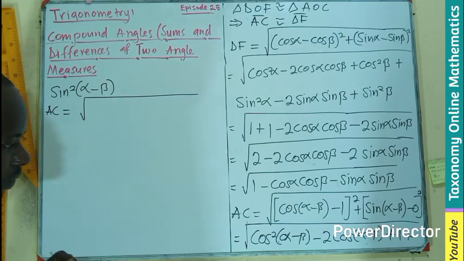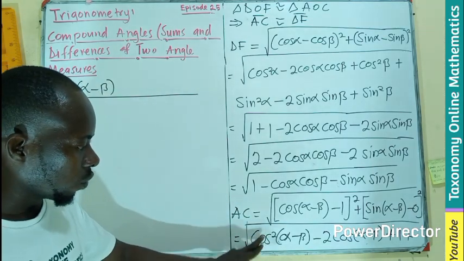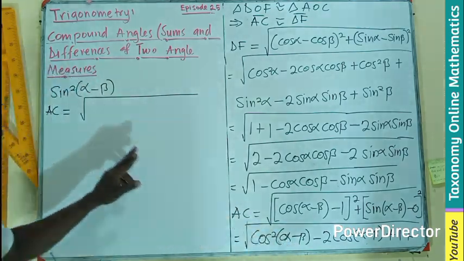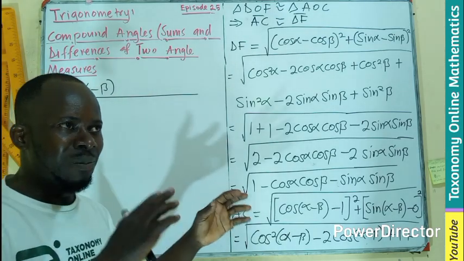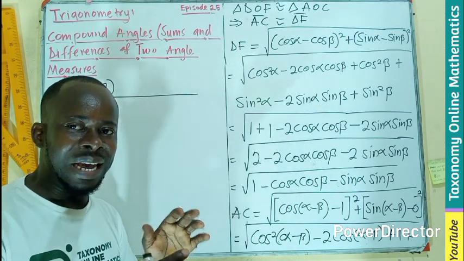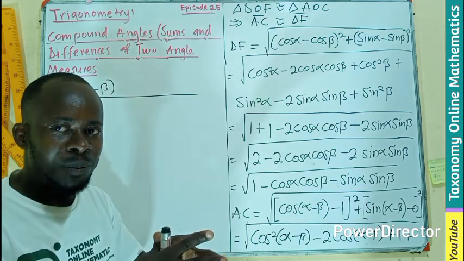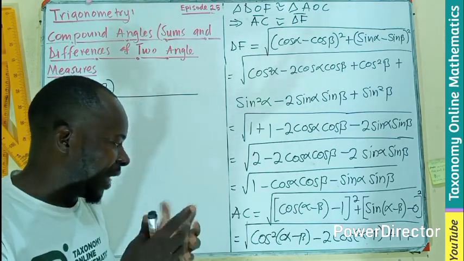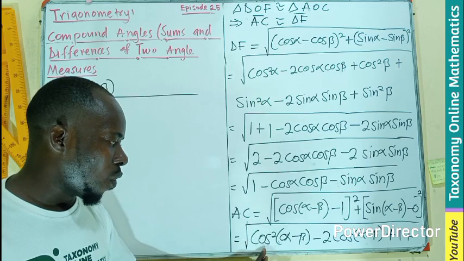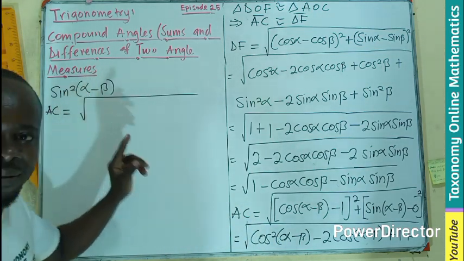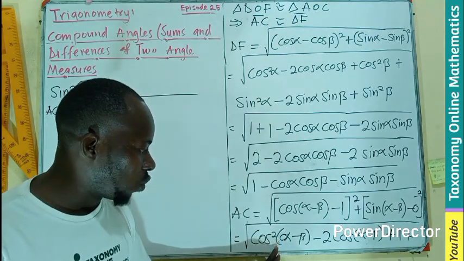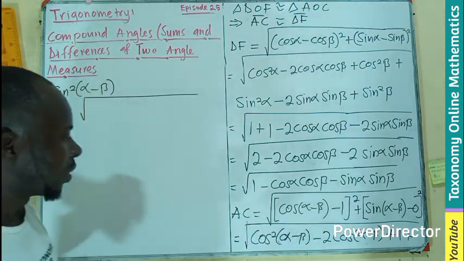So our AC will be in the root. Where are we going? Look at this. This is cos square alpha minus beta plus sine square alpha minus beta. And it doesn't matter whether we are having alpha minus beta, it is still an angle that they are carrying. Let's say we are saying this is theta, cos square theta plus sine square theta will give us 1. So I am going to replace this and this with 1.